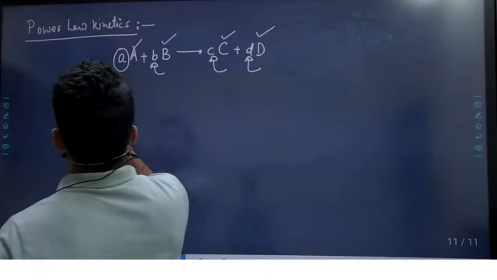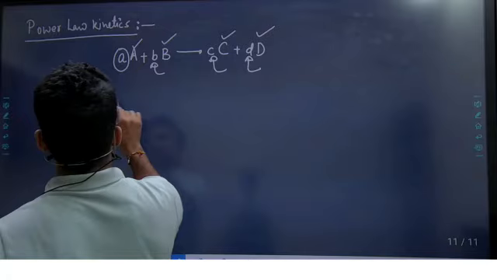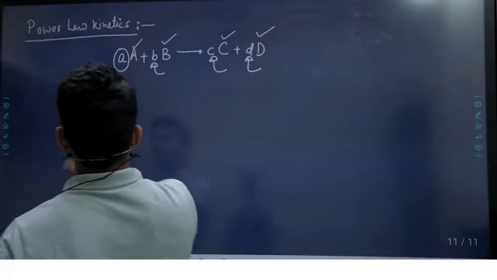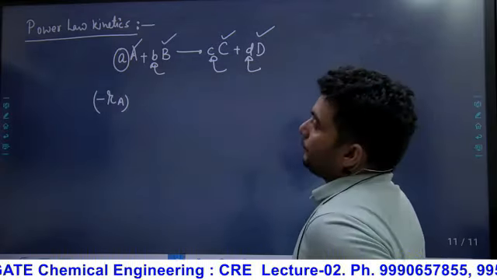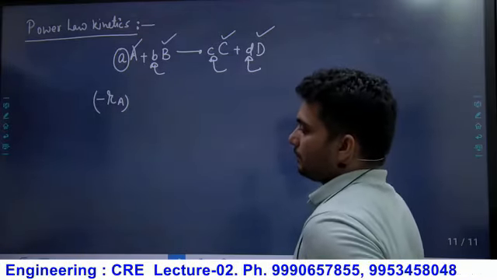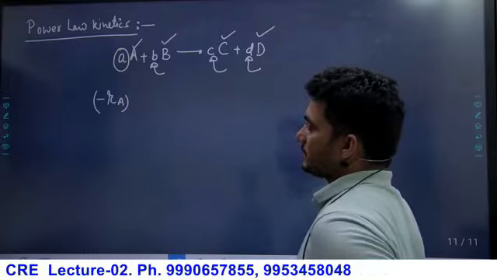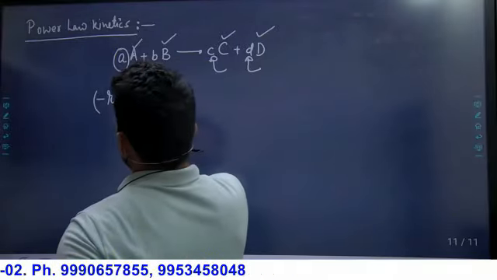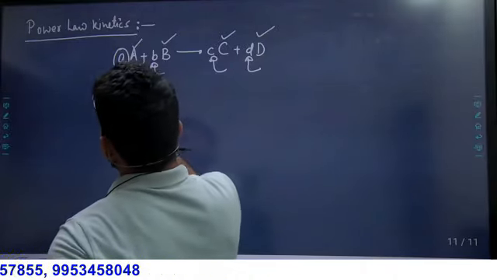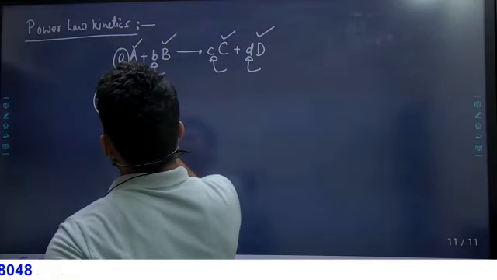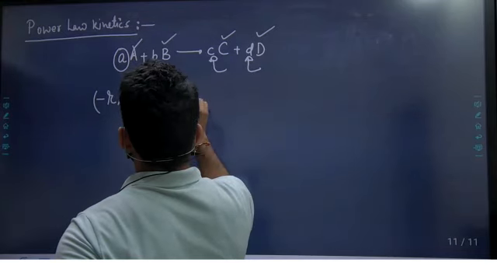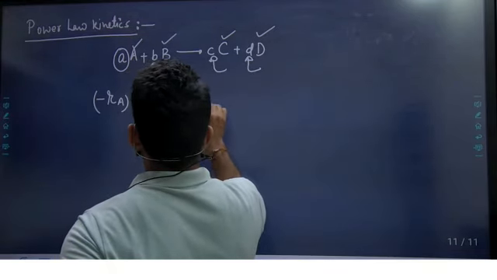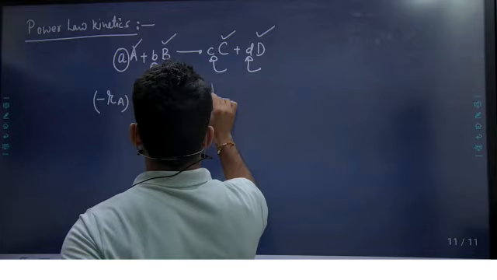If I want to write down the rate of disappearance of A, power law kinetics tells us that it can be written as minus rA, which is directly proportional to the concentration of A to the power alpha, concentration of B to the power beta.